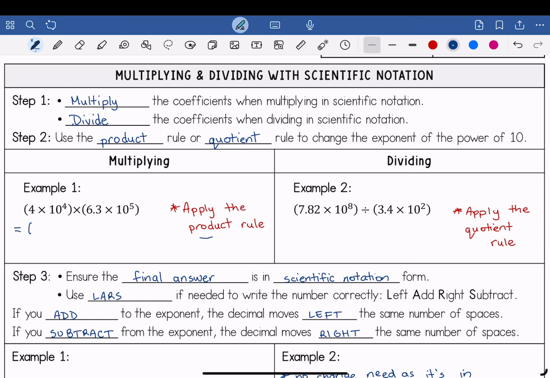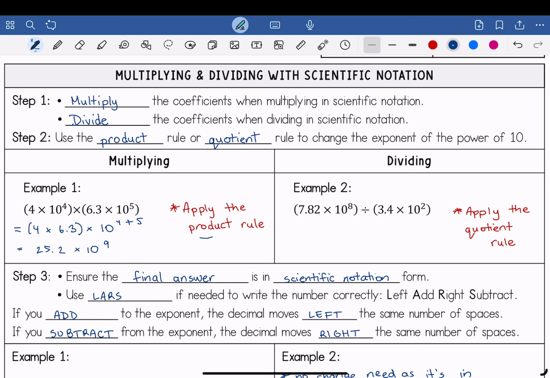We multiply the coefficients first, 4 times 6.3, times 10, and add the exponents, 4 plus 5, which is equal to 25.2 times 10 to the power of 9.